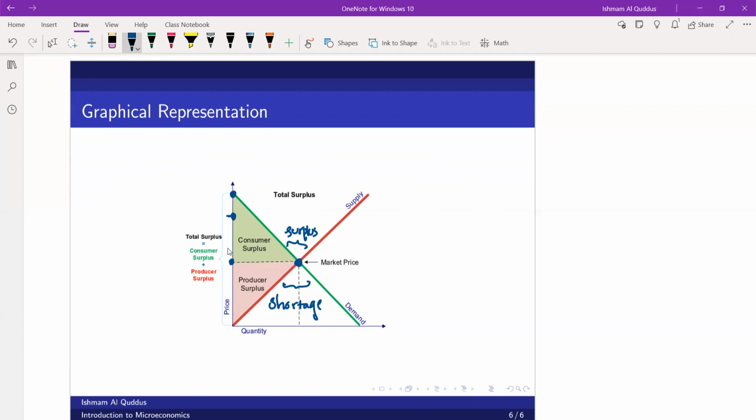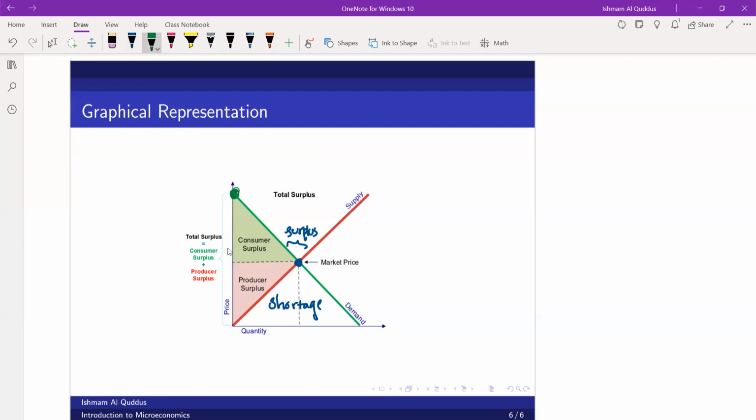The buyers whose willingness to pay is at this point would not actually engage here, because this is not the maximum willingness to pay. So this shaded region is actually lower than the consumer surplus what you see here. So this is one sort of inefficiency.